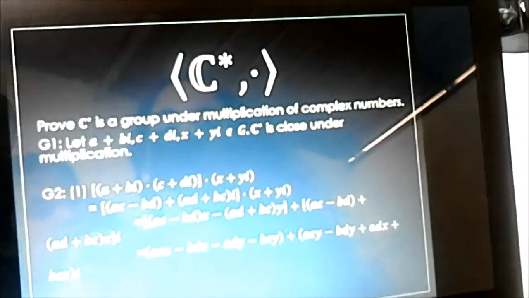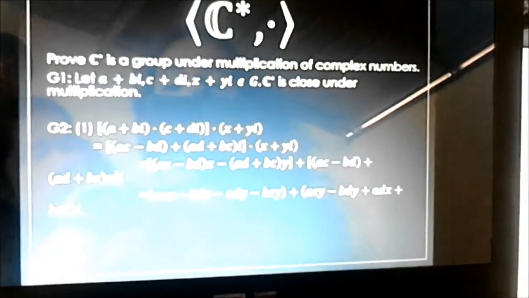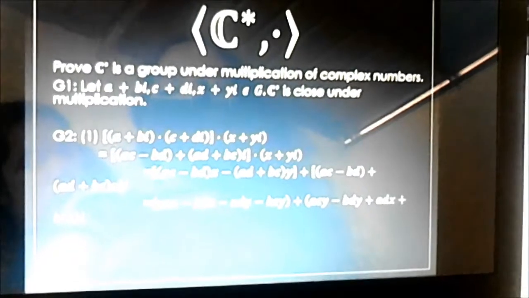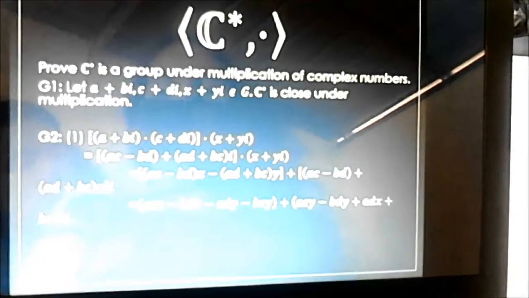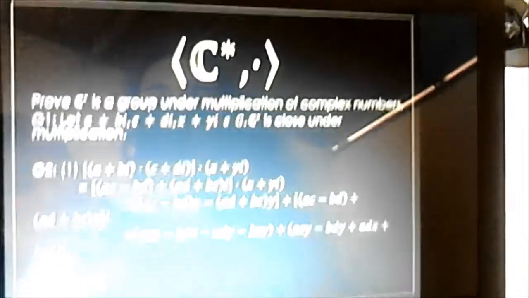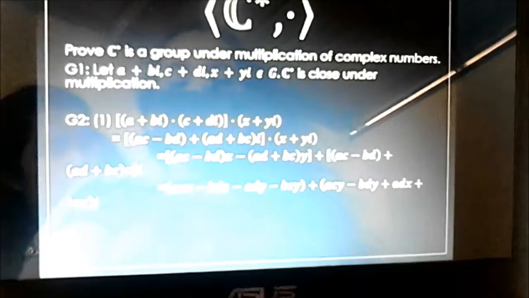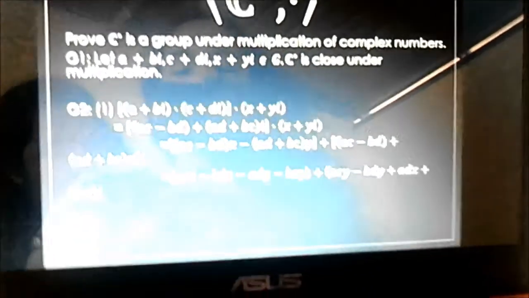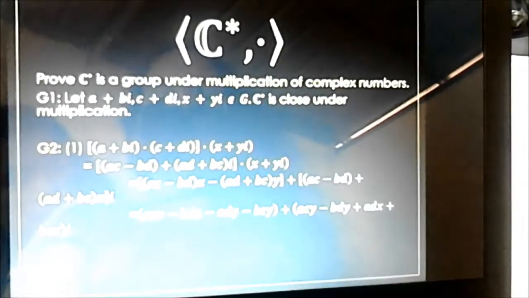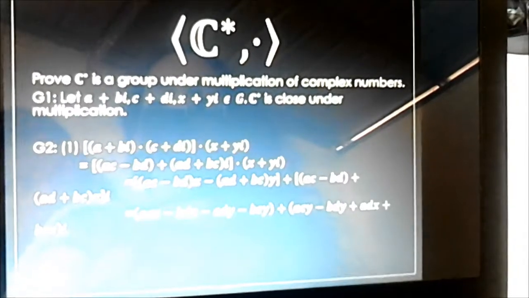So let's have G2, which is the property of associativity. Having that notation for a plus bi, c plus di, and x plus yi, let us group them together to form the associative property of multiplication. Let's have the first condition under associativity, the left-hand side of the equation.